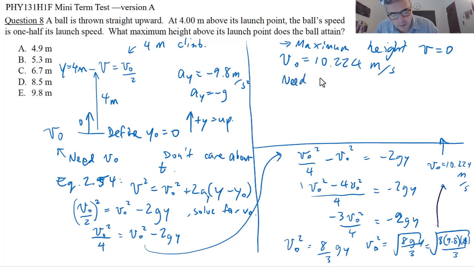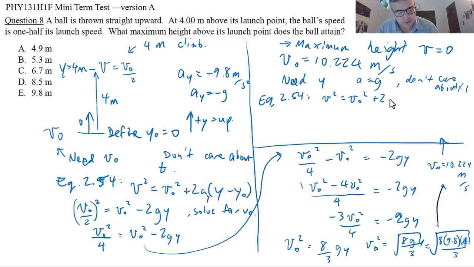What we need is y, and again, a is negative g, and again, we don't care about time. So we're going to use that same equation, equation 2.54: v squared equals v0 squared plus 2a times y minus y0. And we're going to solve for y.